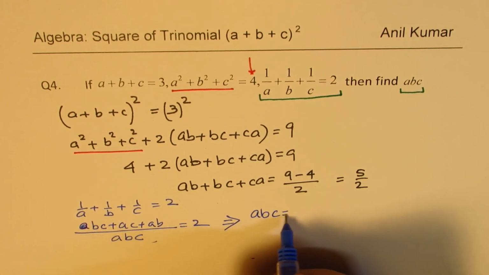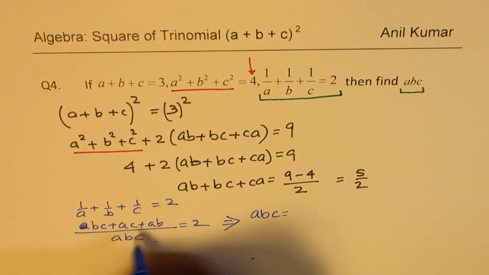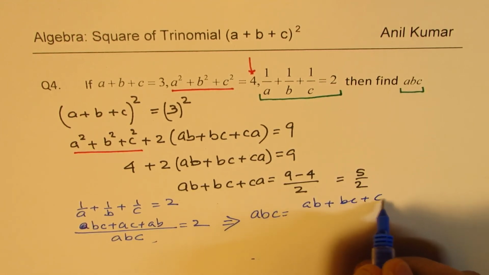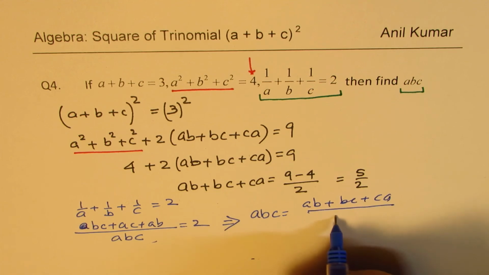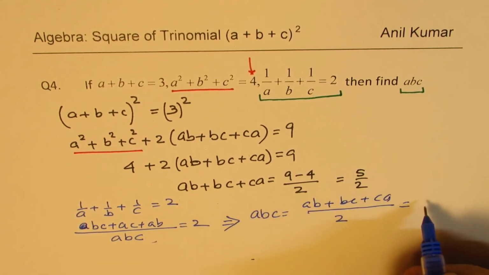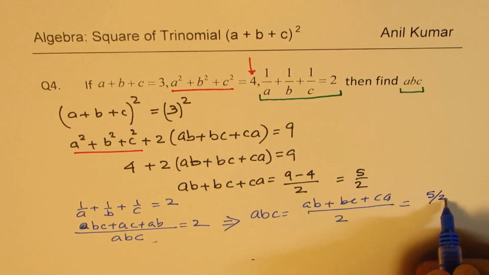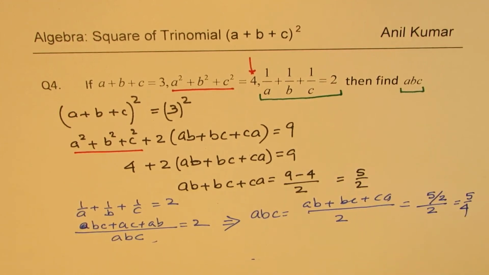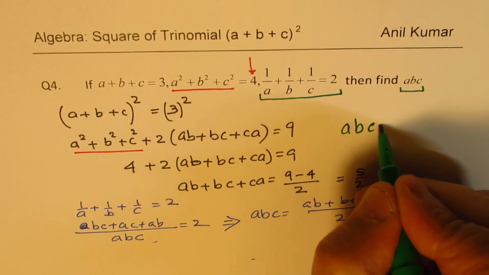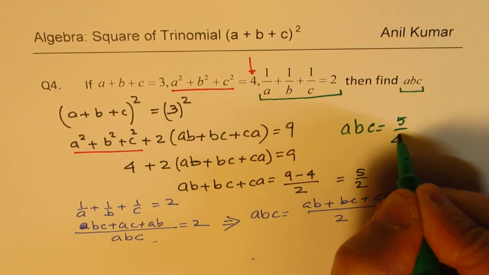So abc is actually this particular sum, which can be written as ab plus bc plus ca divided by 2. So cross multiply. And we know this number here is 5 over 2. 5 over 2 divided by 2 is 5 over 4. Does it make sense? So we get our answer, and that is abc is equal to 5 over 4, correct?